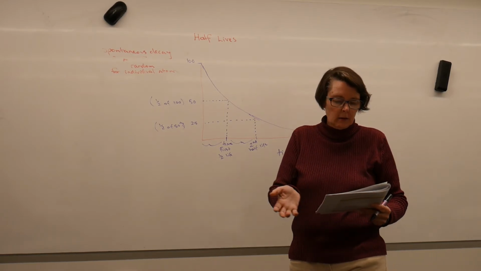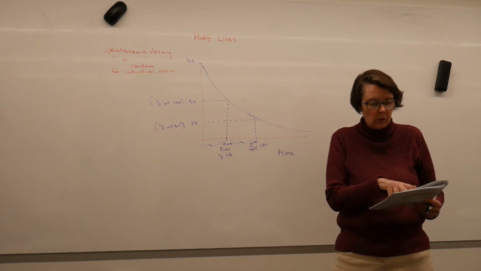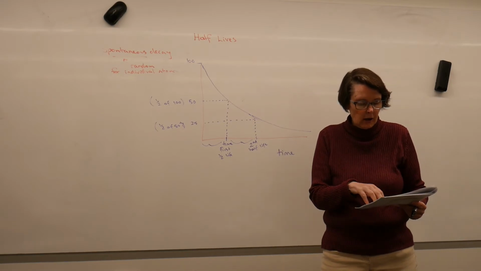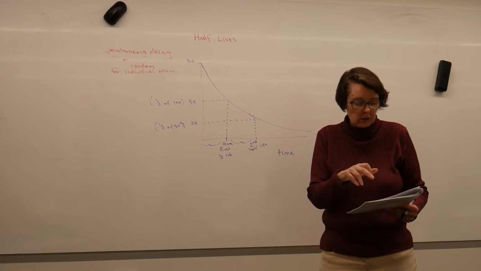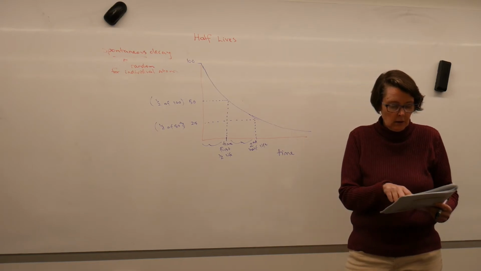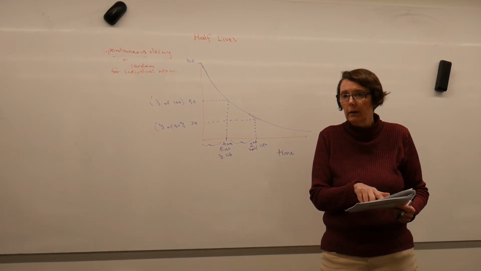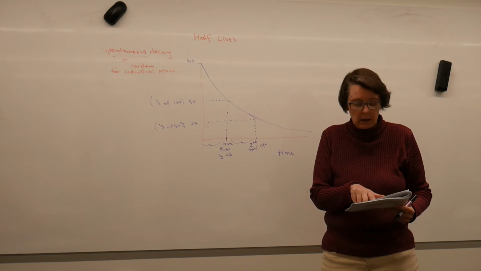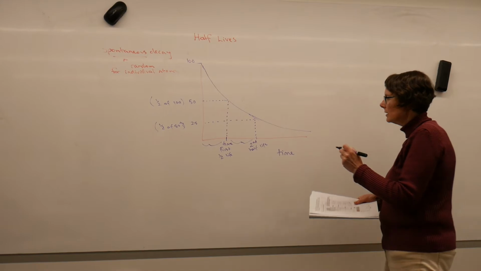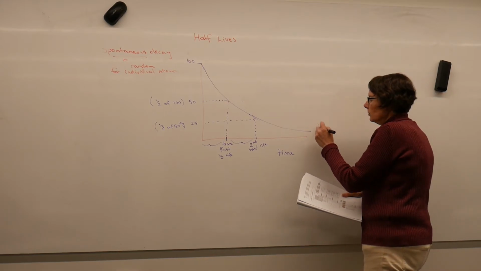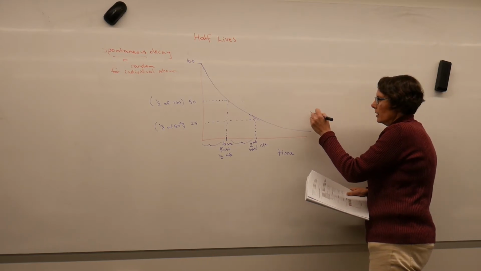And then as we go on, it doesn't have every single half-life because the next picture is 4 half-lives. So we've skipped the second and the third, but there are many fewer radioactive isotopes present. Until we get down to, if we think about 10 half-lives, then we're in the region of background radiation.